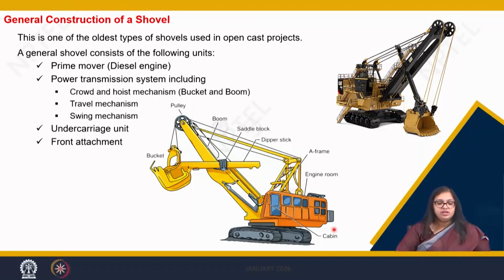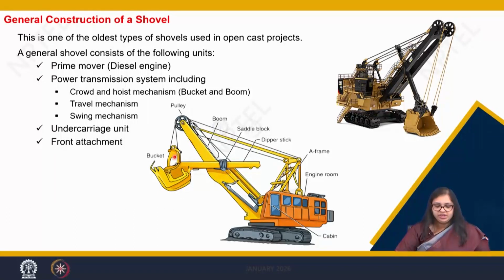Now when we talk about the other components, it has the arms and hands, which is the boom, and you can see there is a pulley at the top of the boom. The boom is directly handled by ropes, which are attached to this A frame, and then there is a dipper stick, and a bucket attached to one end of the dipper stick.